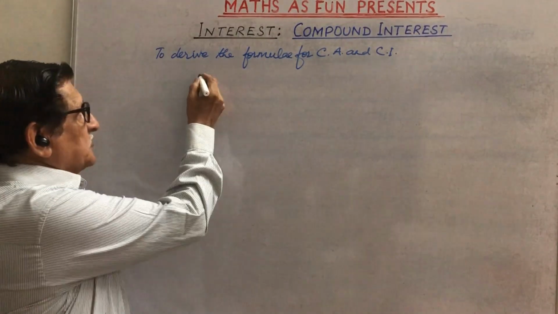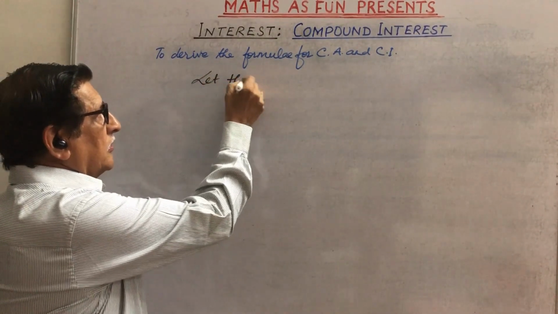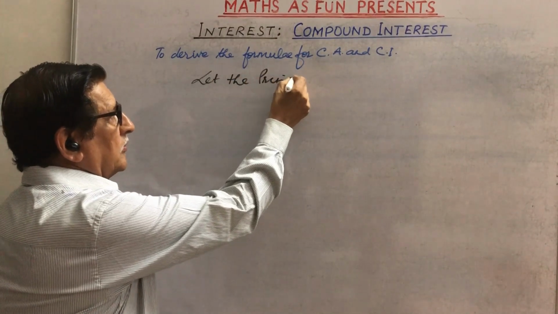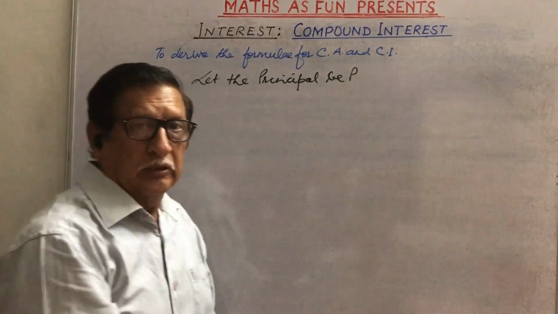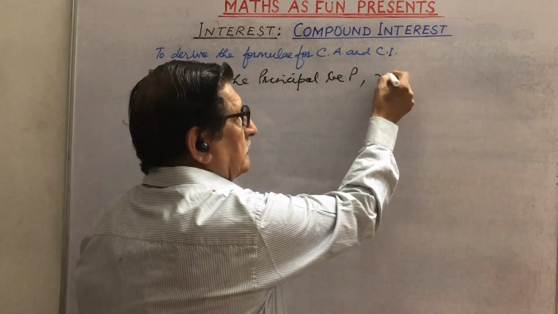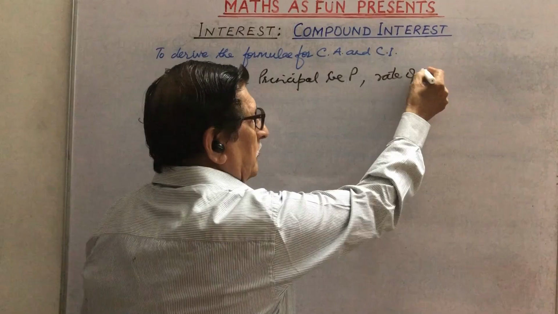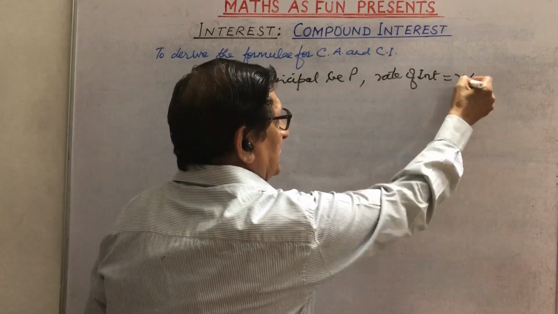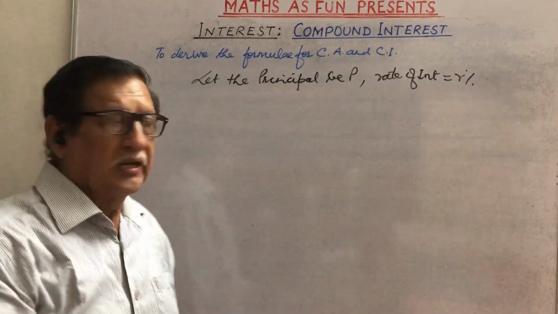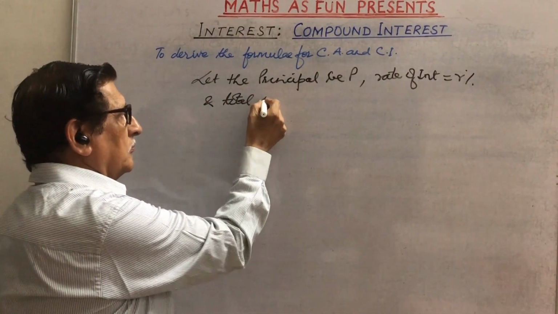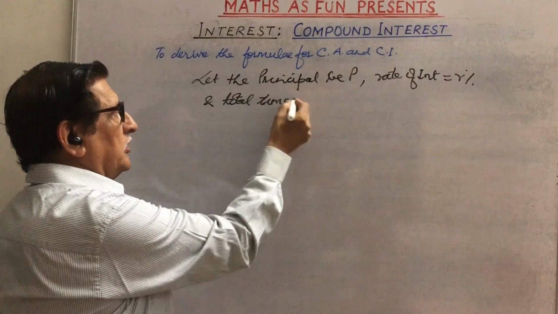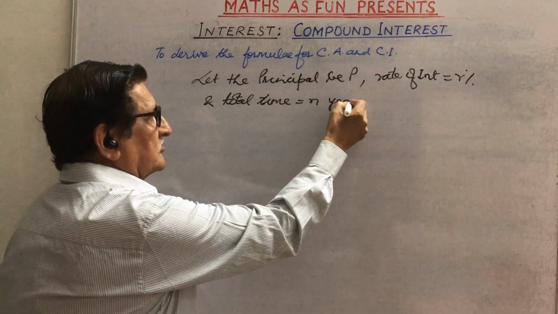Suppose the principal is P, let the principal be P. The rate of interest is R%, and the total time is equal to n years.